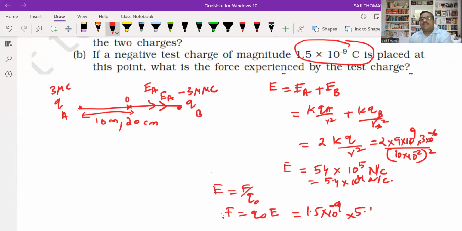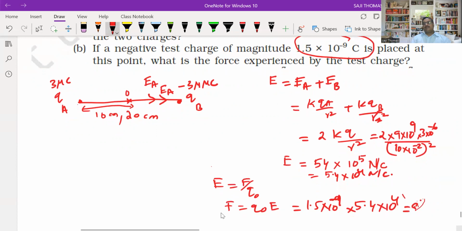You calculated it. So this will be the answer: 8.1 into 10 to the power minus 5 Newton.